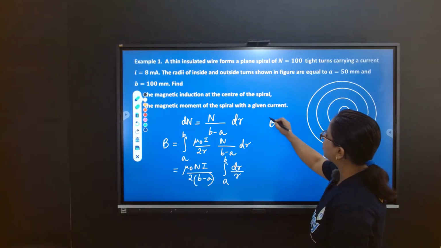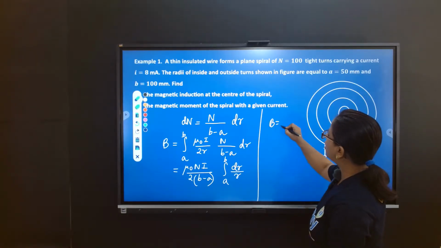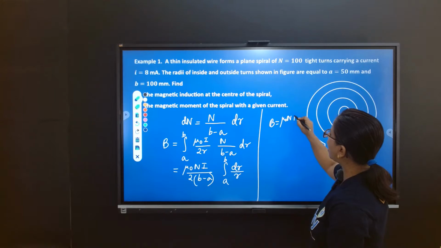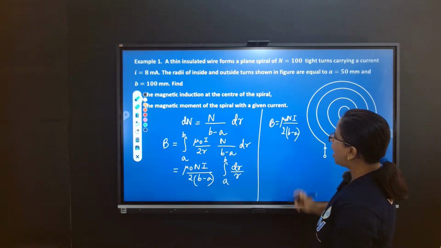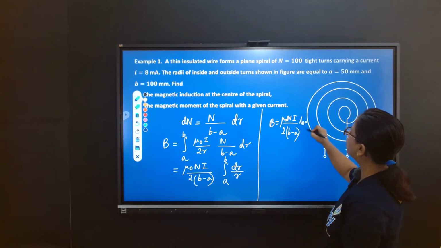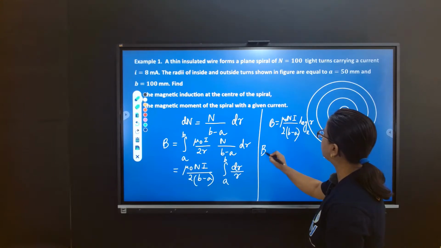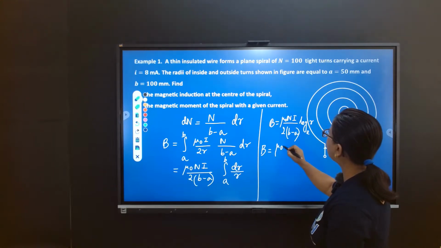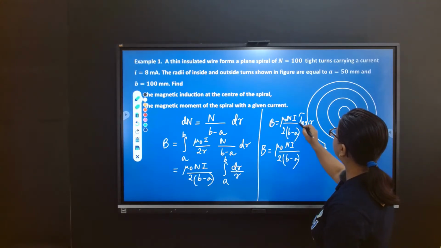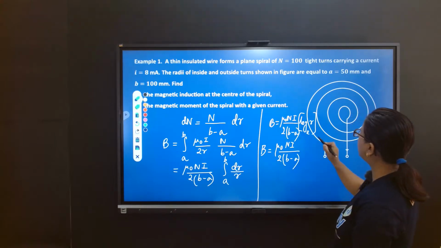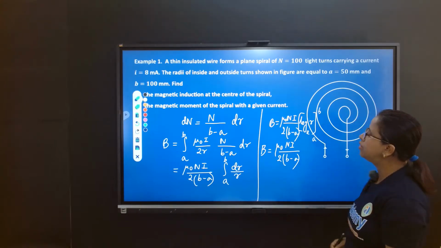So we may write B as equal to mu naught nI by 2 times b minus a, and this is log r with base e. Now we still are yet to put the limits of the integration.